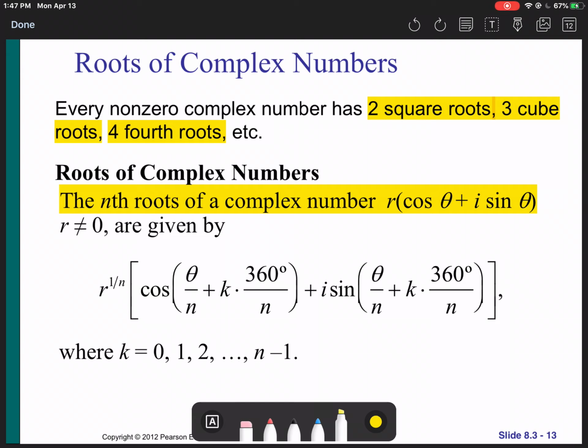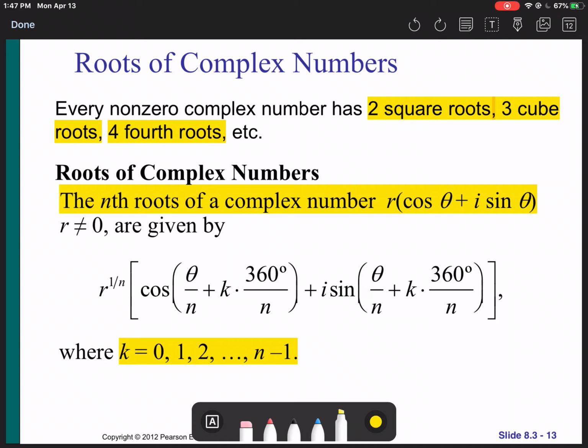The k value always starts at 0 and goes up to n minus 1. So in other words, if I'm looking for, say, the fourth roots of a number, I know there's 4 of them. We use the formula and we plug in the different k values, because n would be 4. And then k will start off at 0, and I would have k equals 0, k equals 1, k equals 2, and k equals 3 to give us the 4 fourth roots of that number.